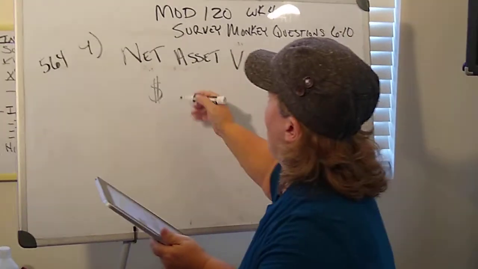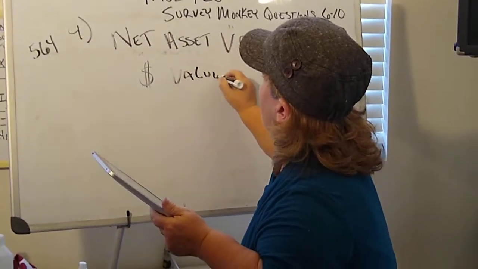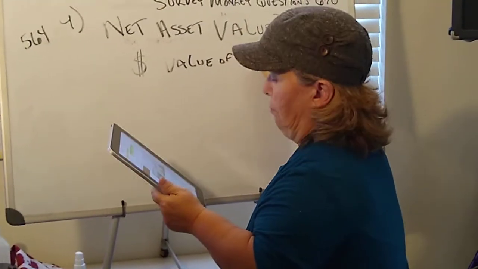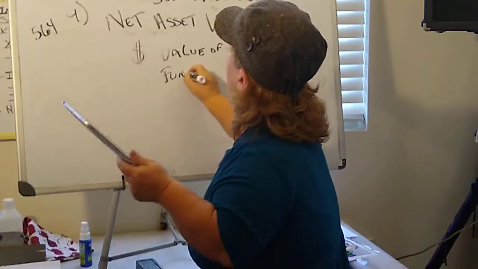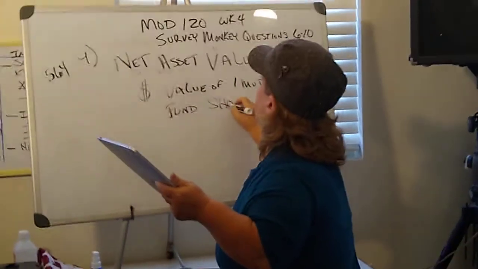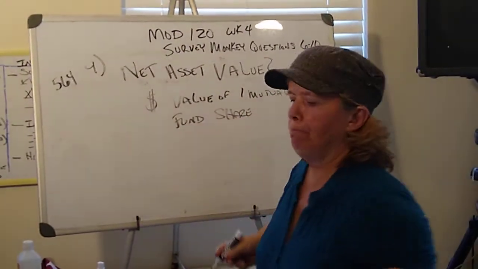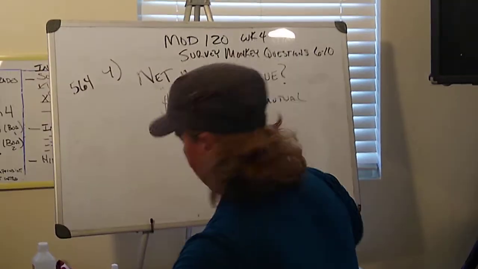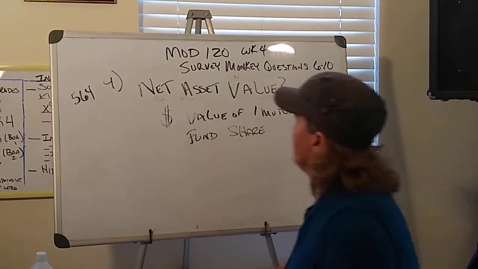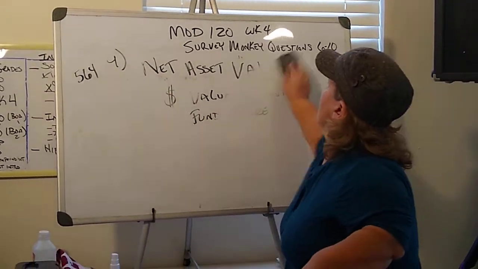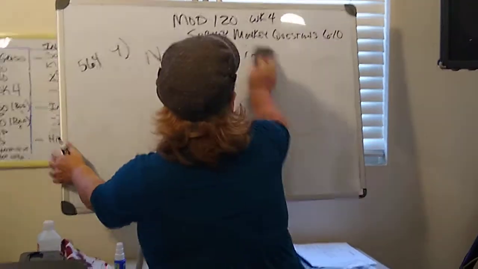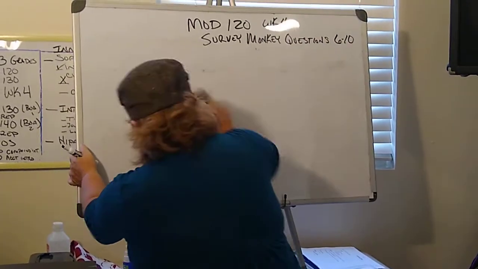So the dollar value of one mutual fund share. Okay? That was number 9. Page 564 at the bottom. All right. Moving on.